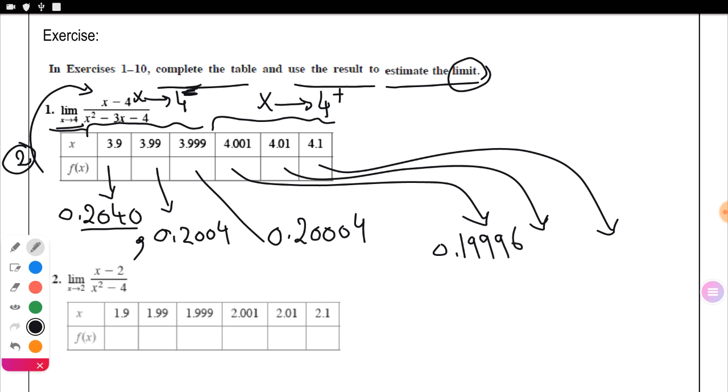I take here 5 or 4, no problem. Here 1, and the other one, 0.1996. Sorry, 0.1996.